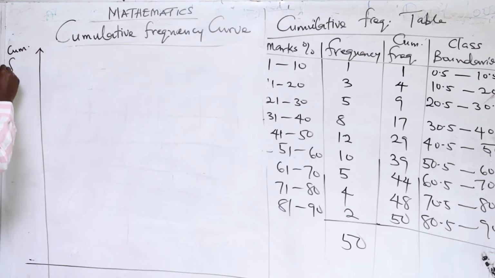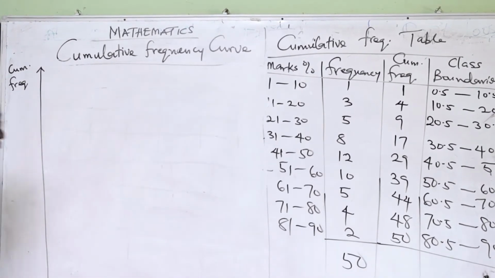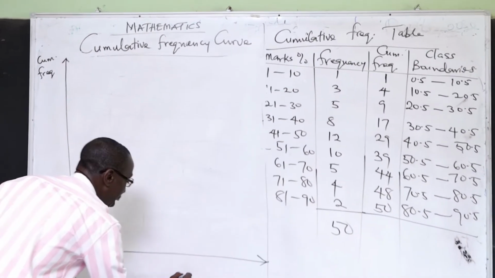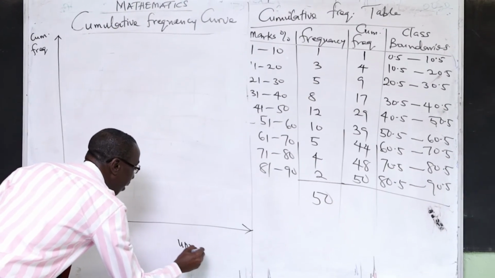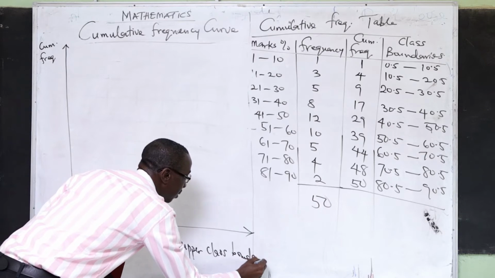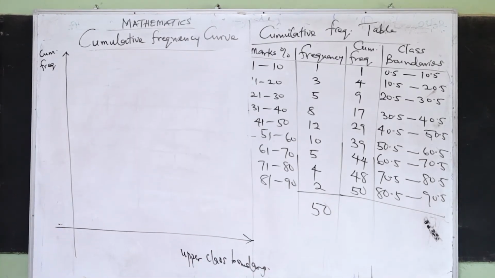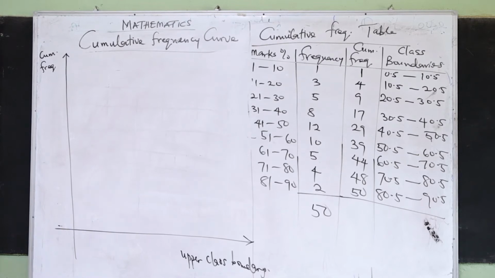Cumulative frequency. What do we plot on the x-axis? Class boundary. Basically, it should be upper class boundary. Were you given scale?